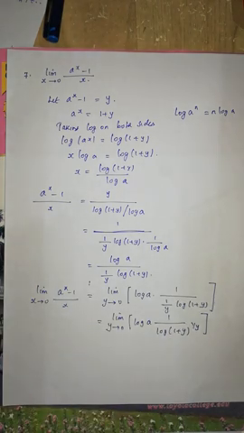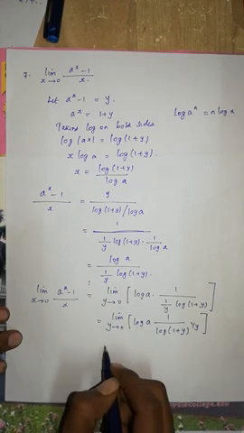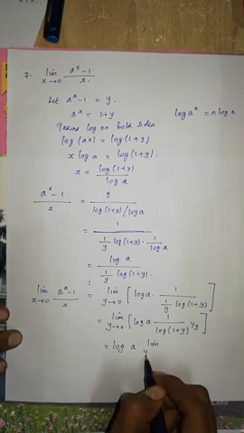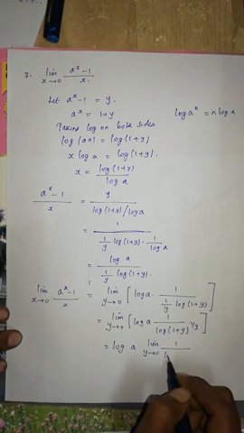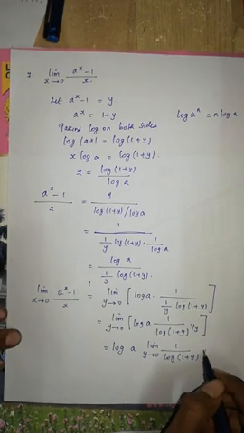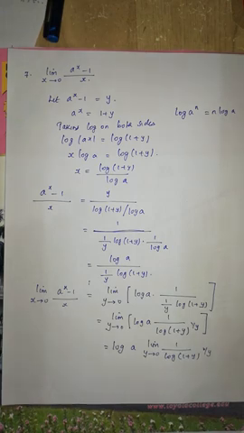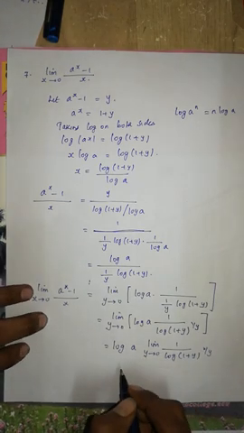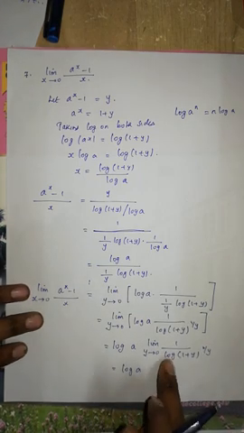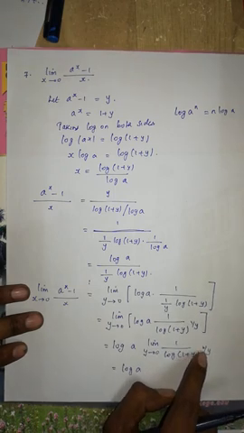Now I need to apply the limit. As y tends to 0, there is no y term in log a, so I can take log a outside. Here I bring the limit y tends to 0 of 1 by log of 1 plus y whole power 1 by y. Now this will be equal to log a. Look at the previous sum, 1 plus n whole power 1 by n.